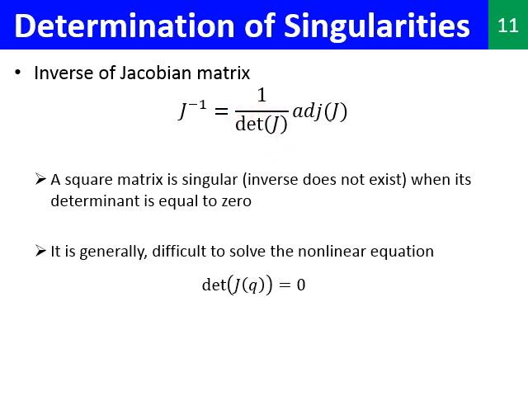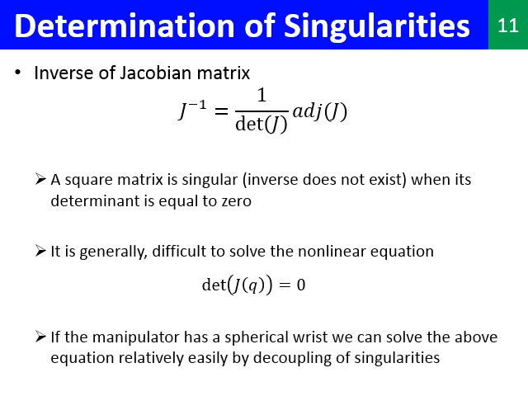Now the Jacobian matrix naturally involves many nonlinear quantities, and therefore solving the determinant of J equals 0 equation is difficult. Again, a spherical wrist can come to the rescue. That is, if the manipulator has a spherical wrist, we can solve this equation easily by decoupling the singularities.